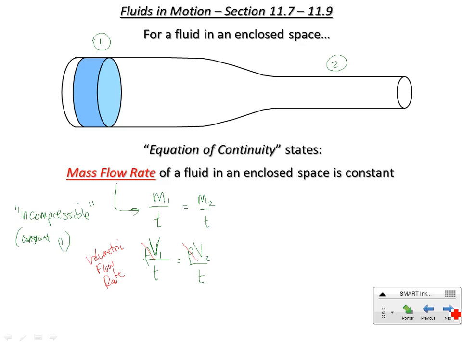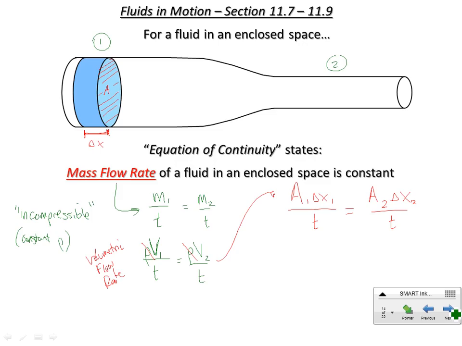Now, the volume of this subsection of fluid has area A and length delta X. So volume over time is A1 delta X1 over t, which has to equal A2 delta X2 over t.